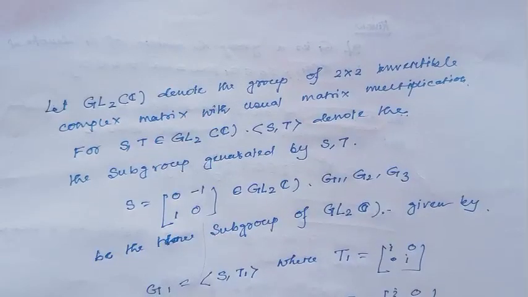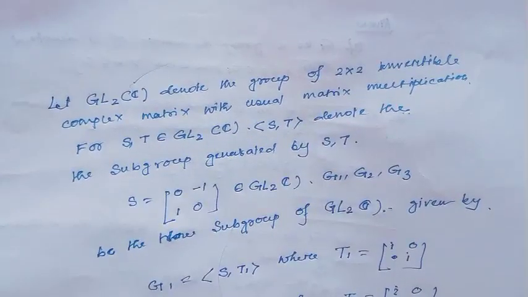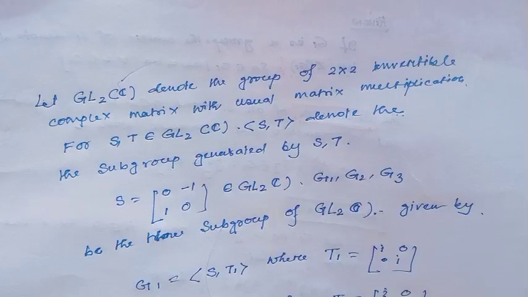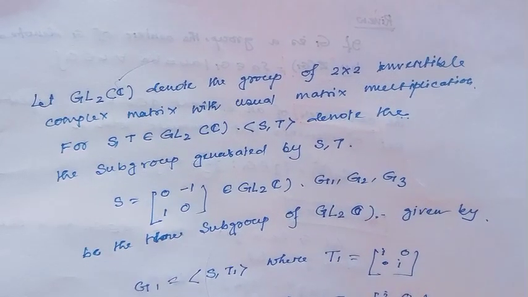is: let GL2, here the field is the complex numbers, denote the group of 2 cross 2 invertible complex matrices with matrix multiplication.